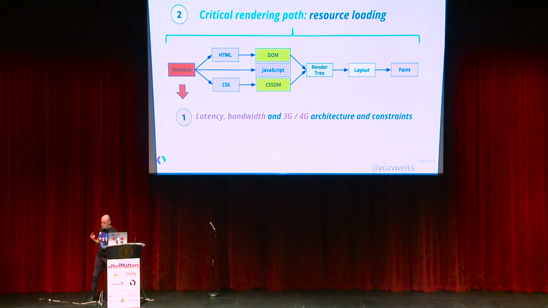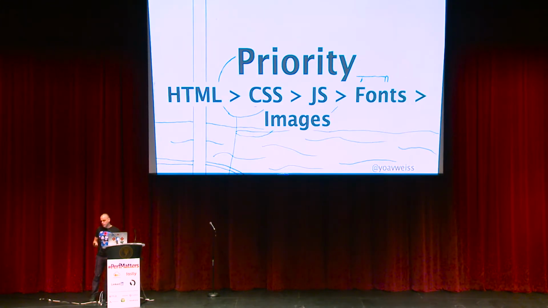So basically, before the user can see anything on the screen, the browser has to download enough HTML to create a sufficient amount of the DOM and download all the blocking CSS and JavaScript before anything can be painted. As a result of that, browsers have different priorities for different types of resources.